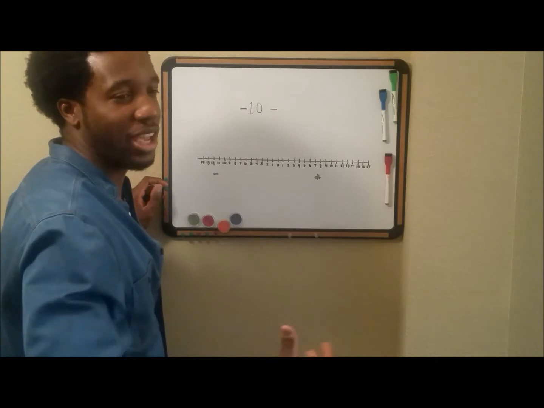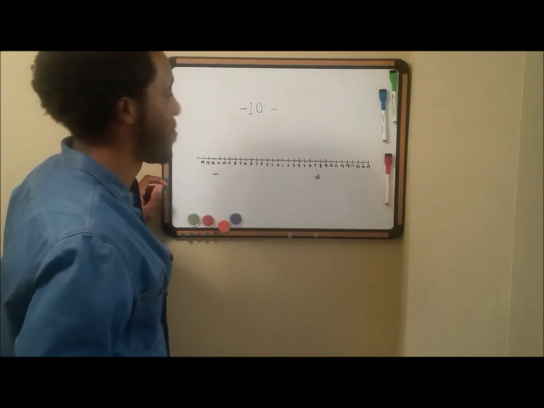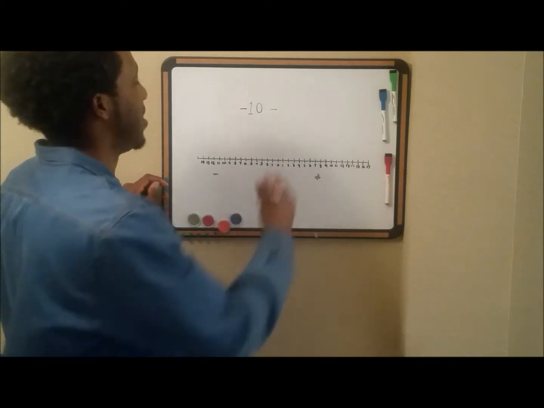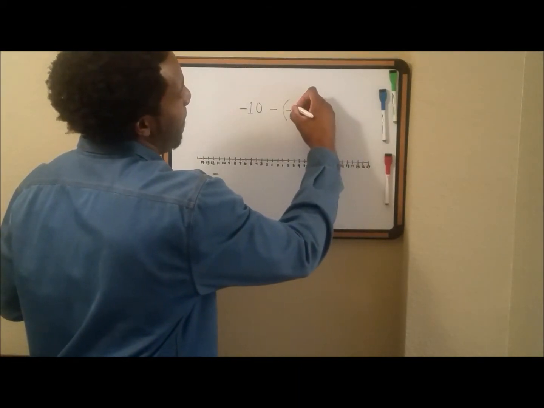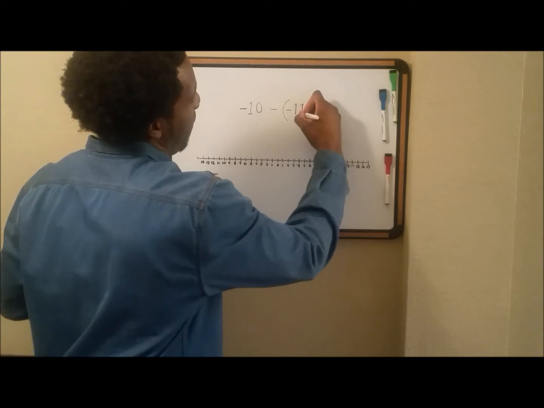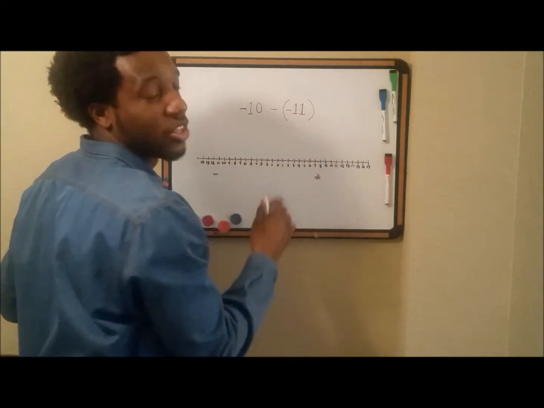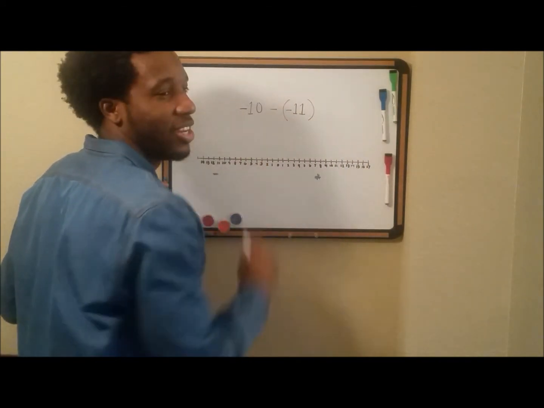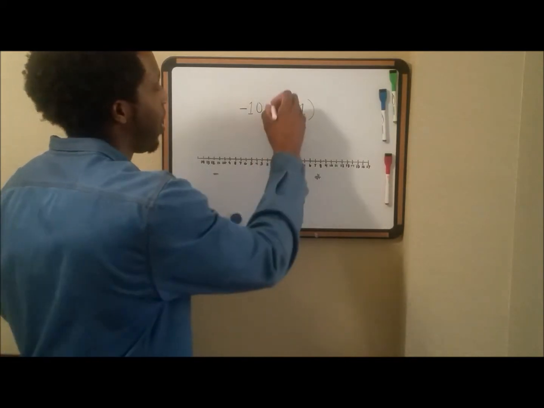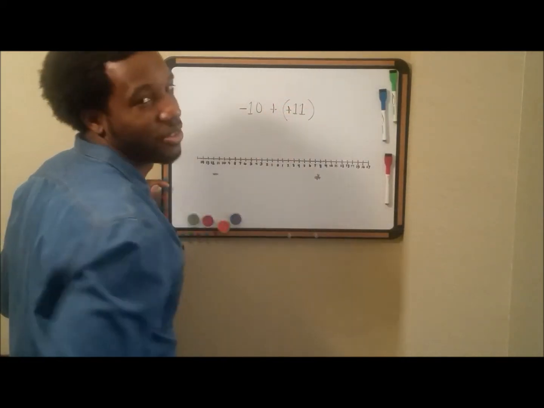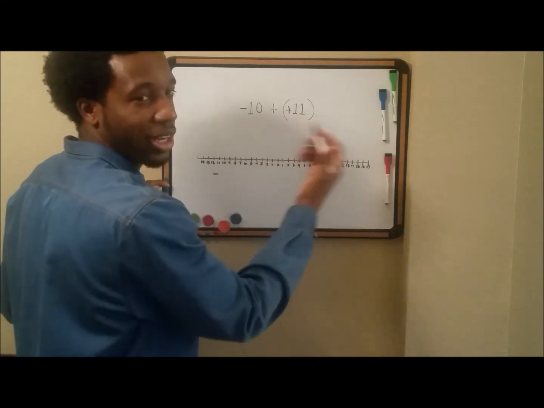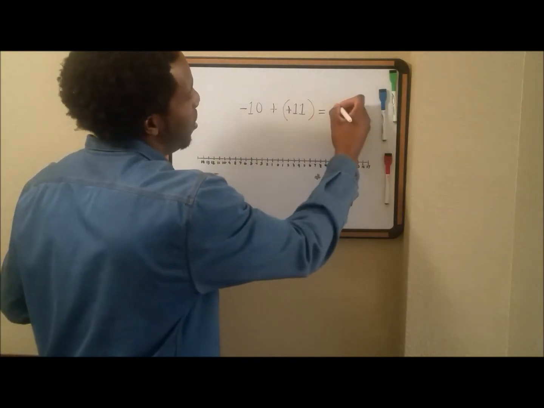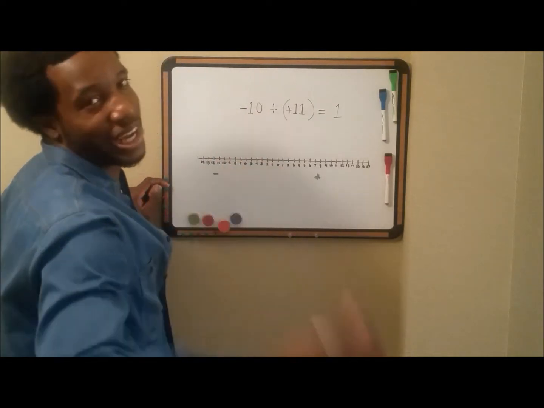That means you're actually gaining. So I'm losing debt. That means you're gaining. So that's why it's plus positive. Signs are different. So I can subtract, keep the sign of the bigger number. Whoop, whoop. We're not in debt no more.